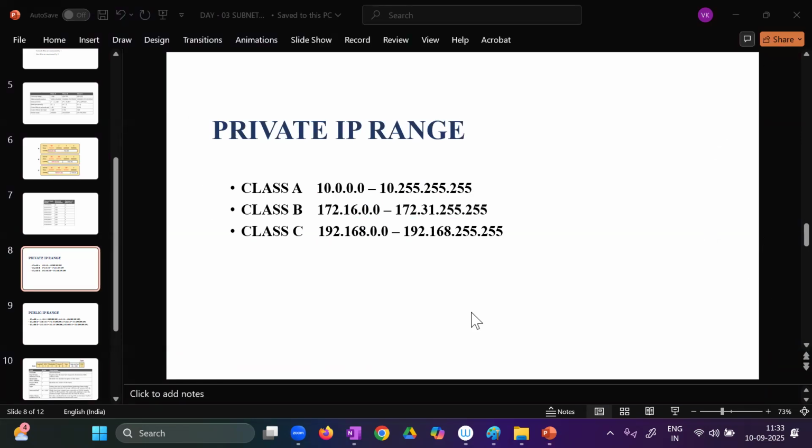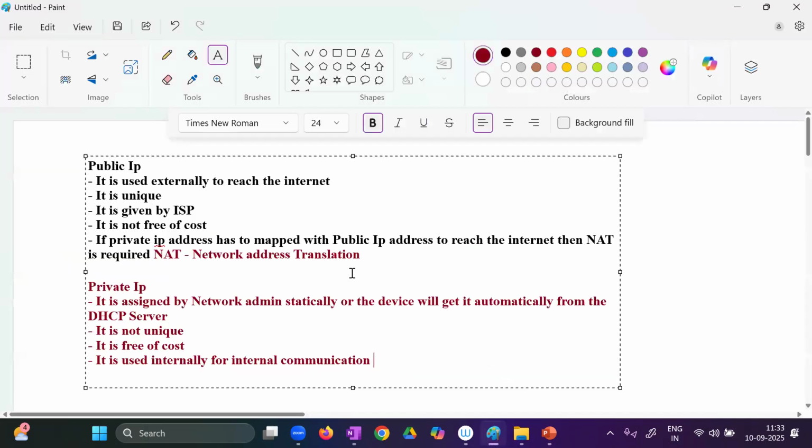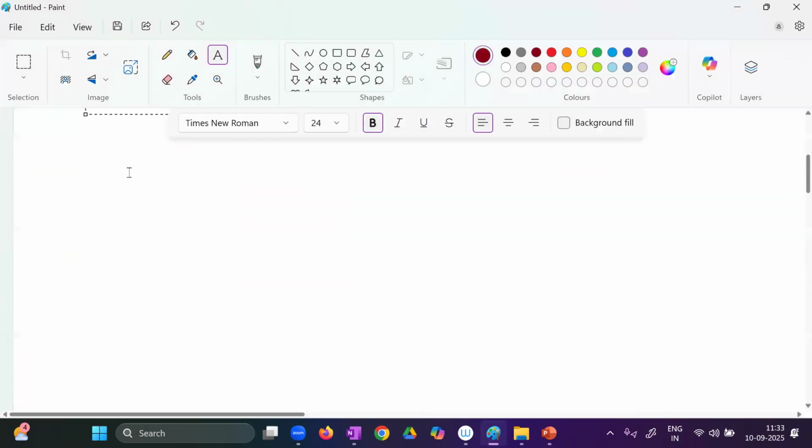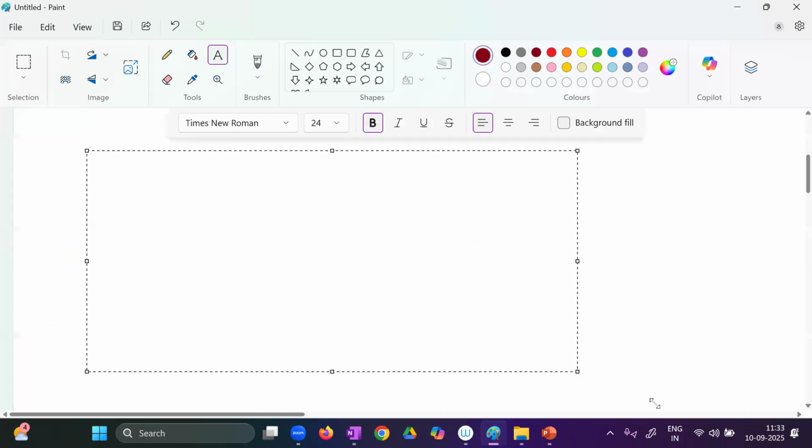See, on what basis do we have these ranges? There is one term called subnet mask.